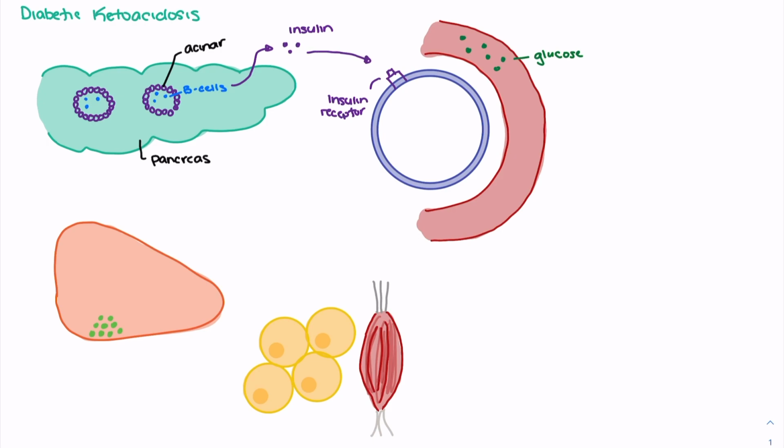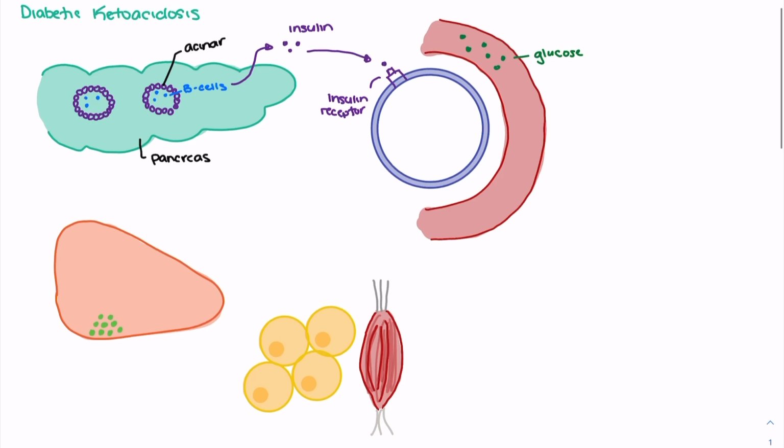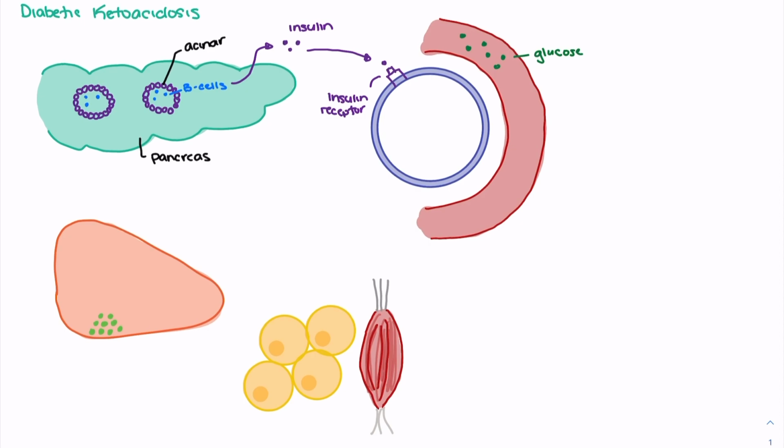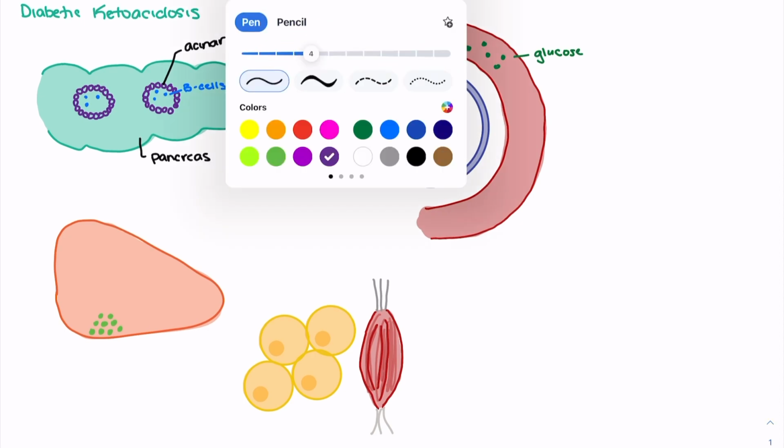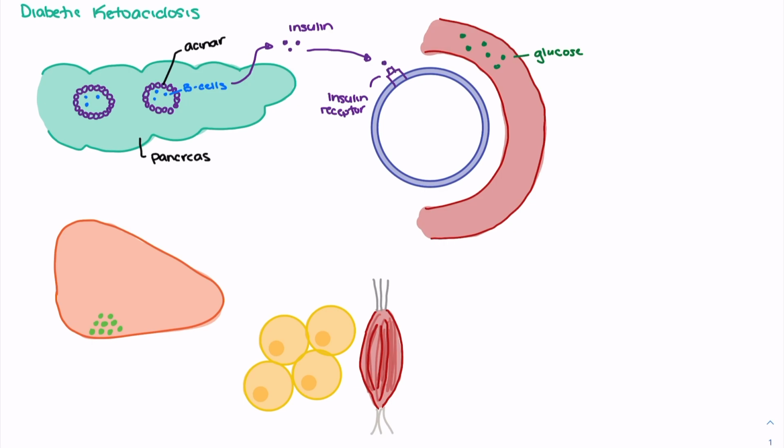Insulin will bind here to the insulin receptor and will lead to an intracellular signaling cascade in which we see increased production and upregulation of the GLUT4 transporter. So what happens here is we start to see an increase in GLUT4 on the cell membrane.